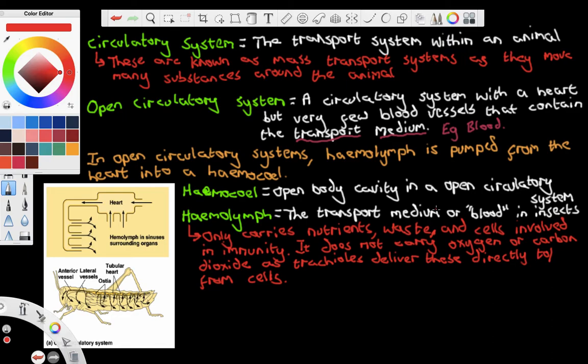Now, insects have a heart that runs along the length of their body, which pumps hemolymph through the haemocoel.